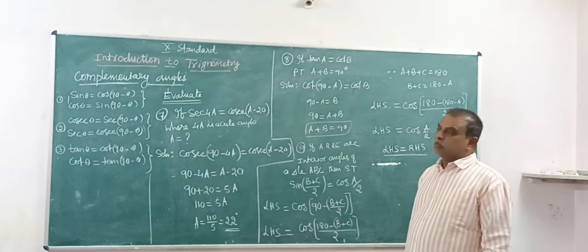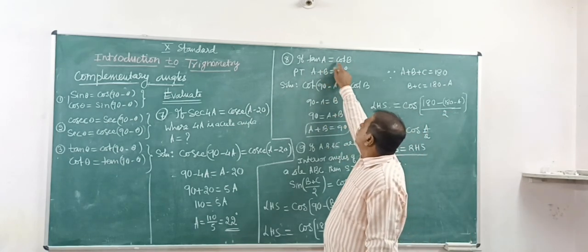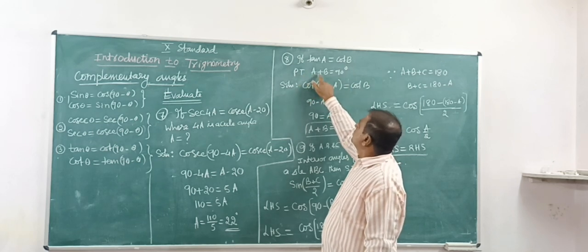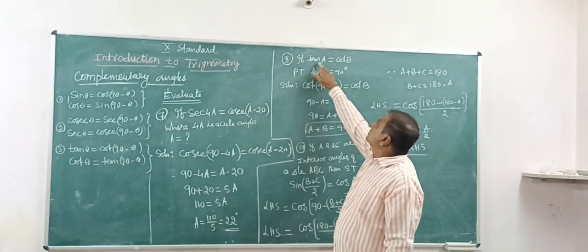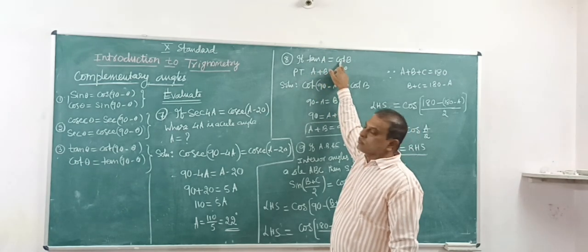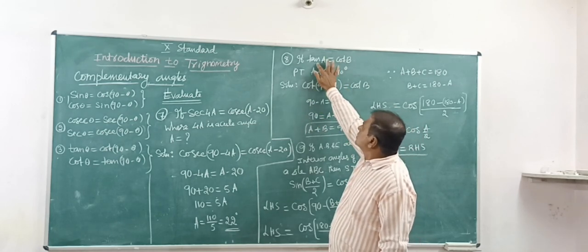And the next problem is: if tan A equals cot B, we have to prove that A plus B equals 90 degrees. First look at these functions given. Tan and cot are complementary. So let us apply the formula for this.